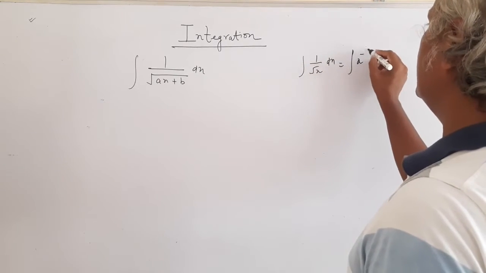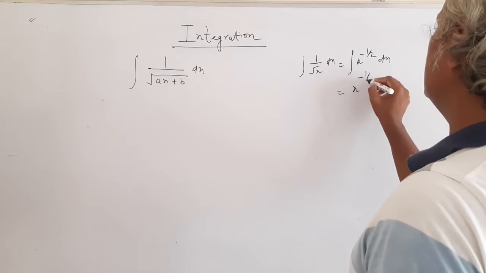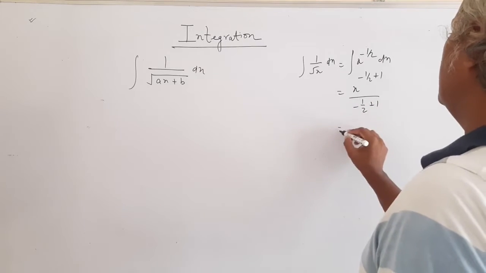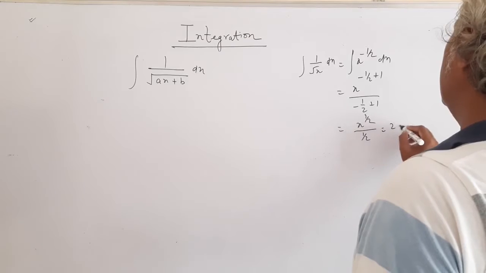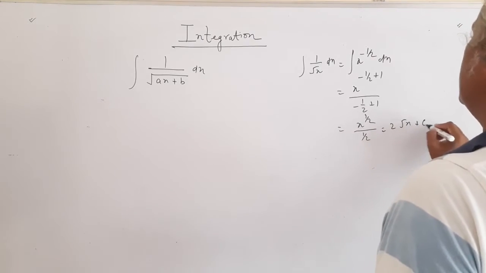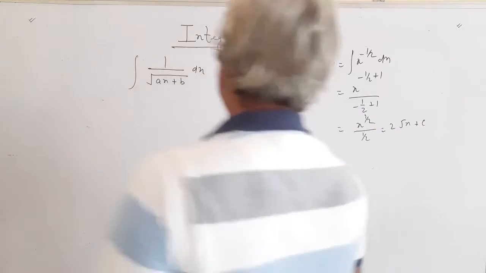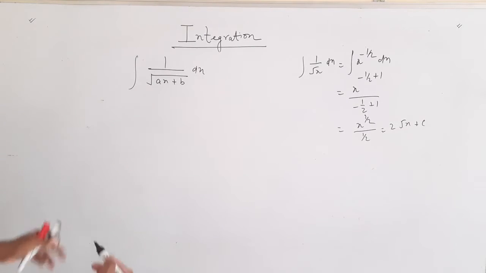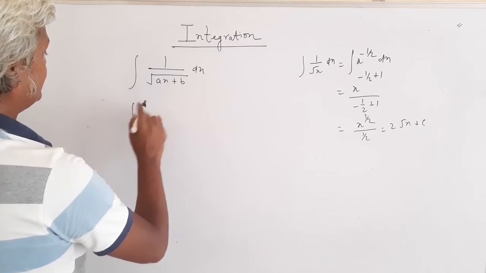This is nothing but x to the power minus half dx, and the integration of this is x to the power minus half plus 1 over minus half plus 1, which is x to the power half over half, that can be written as 2 root x plus c. So the integration of 1 over root x is 2 root x plus c. If you want to use the property of integration which I just discussed in the previous video, you write the integration of this one as it is.